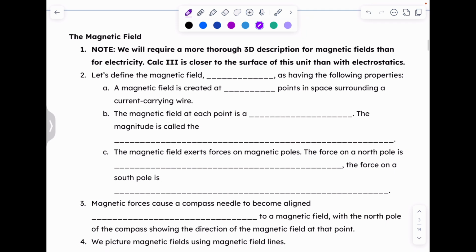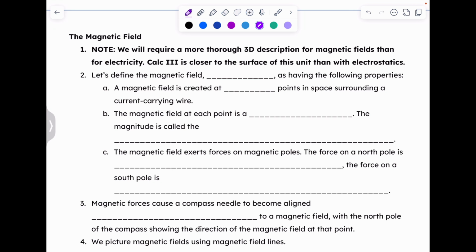All right, let's start actually describing the magnetic field. One thing to note, all semester, three-dimensional and multivariable calculus has been right there touching the surface of what we're doing. It is even more so in this unit. There are a lot of dot products with electricity.